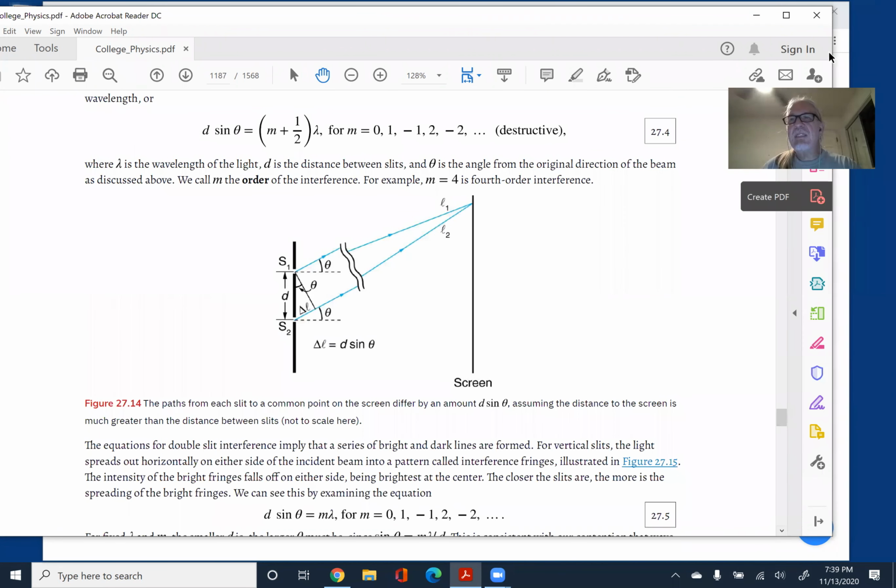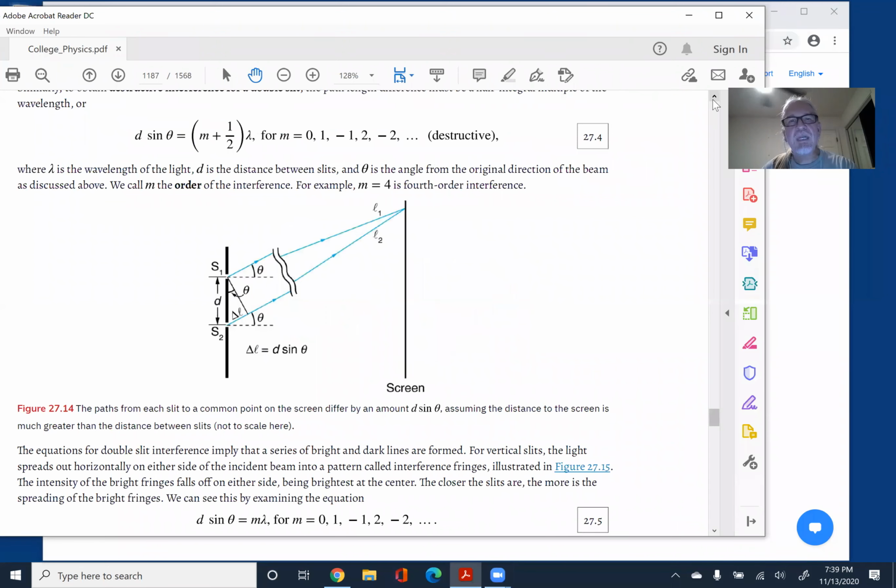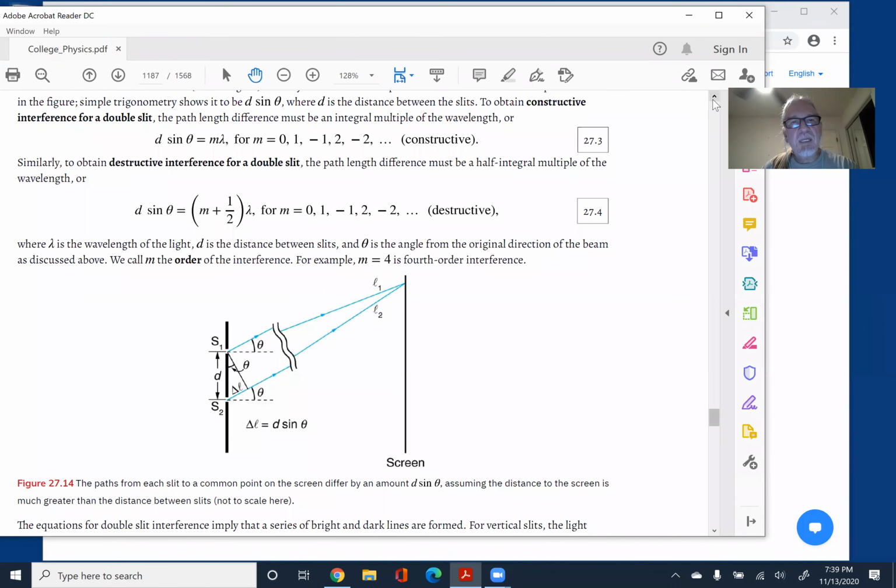So this is the essential picture. And what we have here, let me move this a little bit to the side, is our two paths that the two emitted waves follow. And as you see, very close to the source, we have now defined the distance between the two slits as lowercase d.